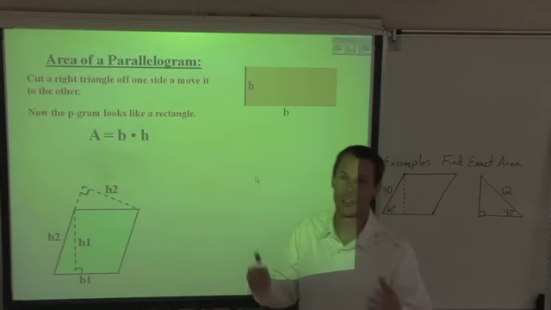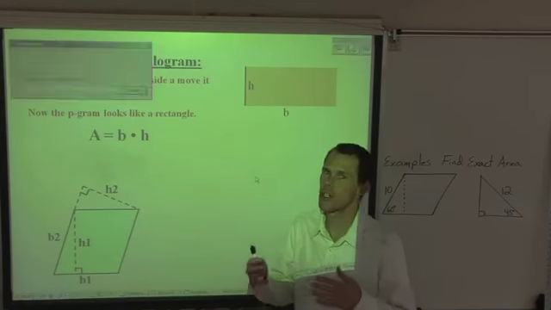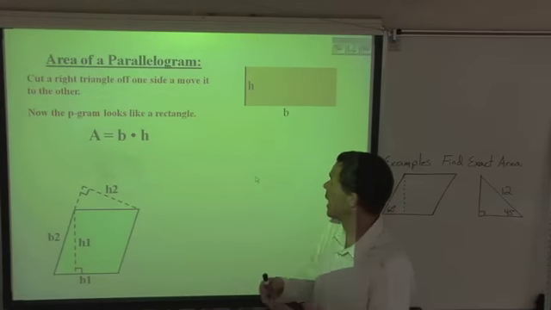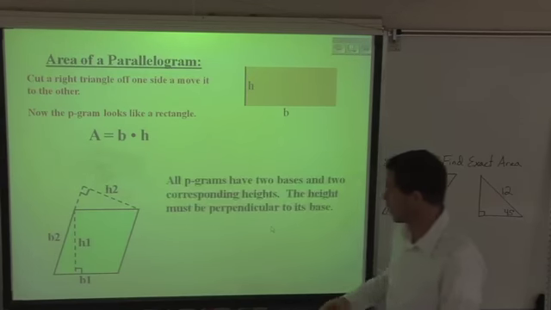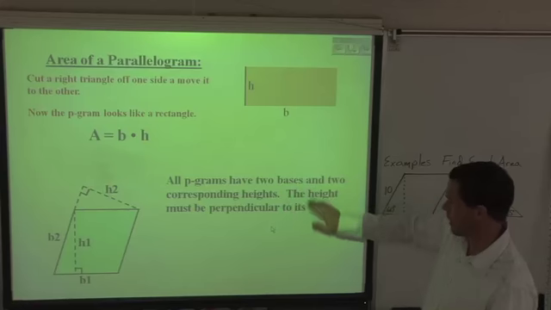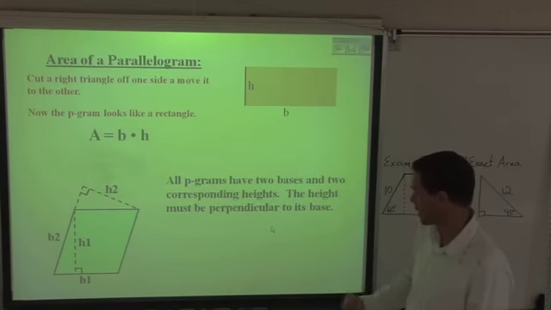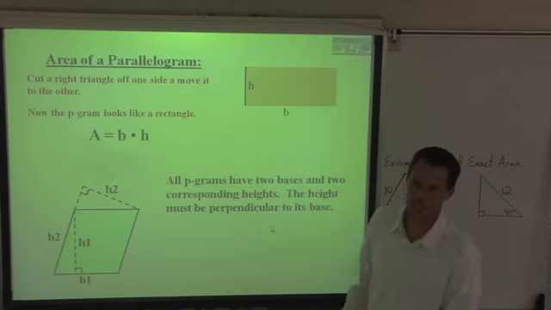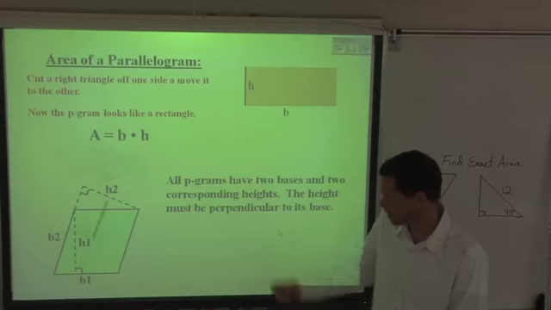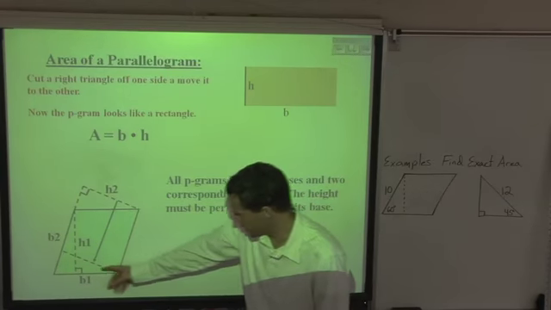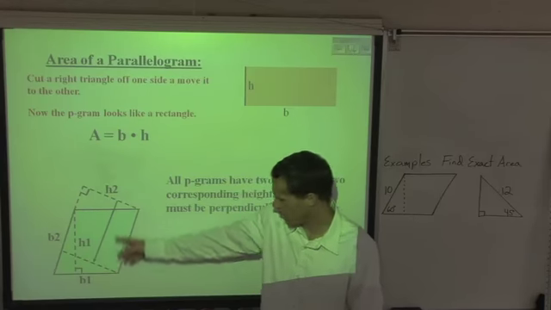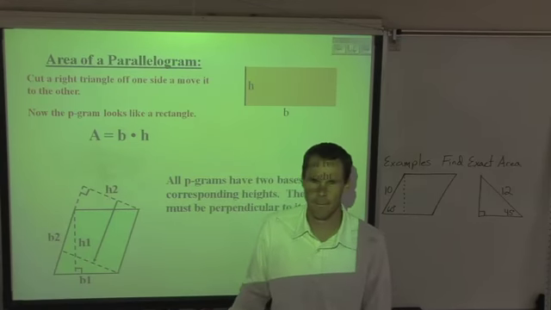But base 2 times height 2 also equals area, and the area does not change. So all parallelograms have two bases and two corresponding heights. The height must be perpendicular to the base. I could move height 2 down here and we could see it as being a height. I just didn't want it to cross height 1.